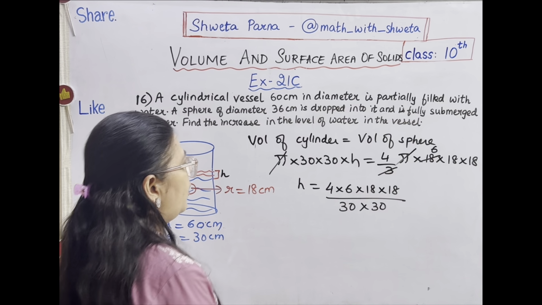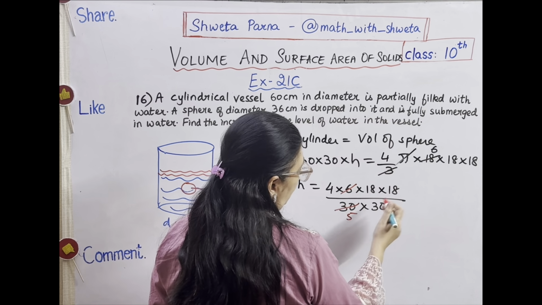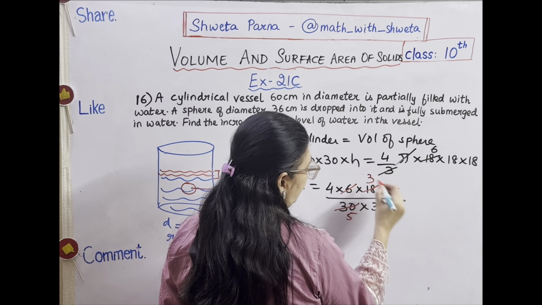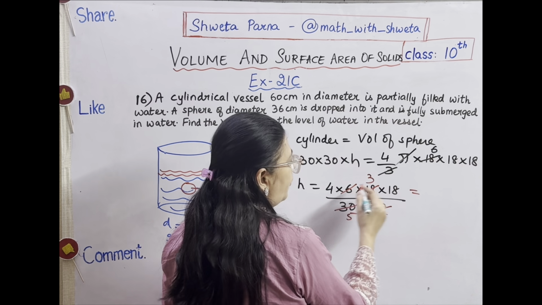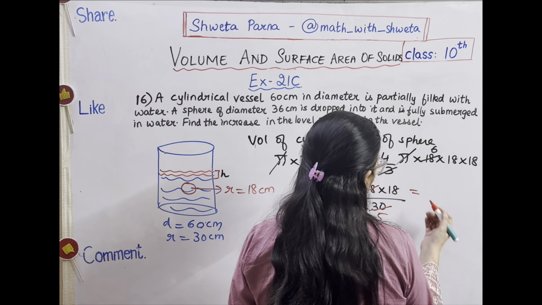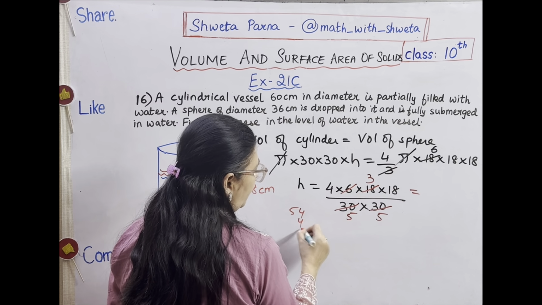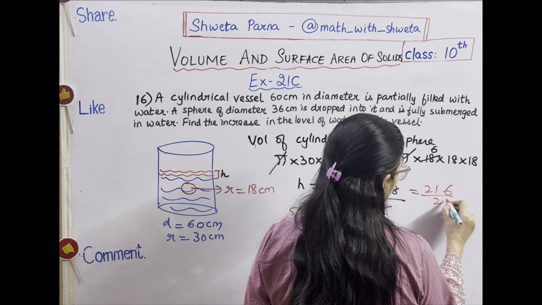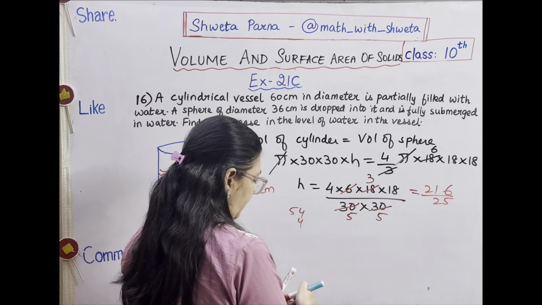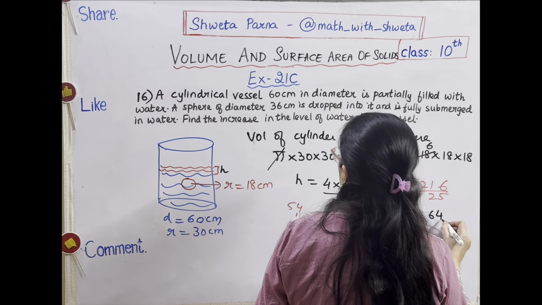Let's solve it. 6 5s are 30. So this will become 4 3s are 12, 18 3s are 54. 54 into 4 upon 25. When you divide it, the answer is 8.64 centimeter.